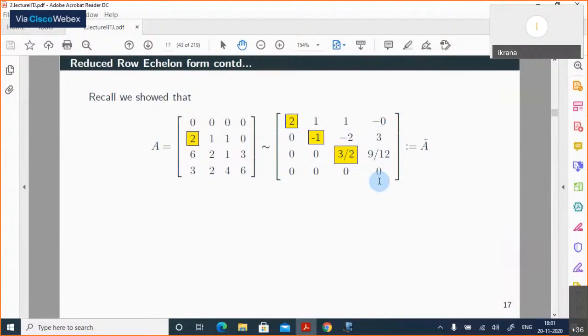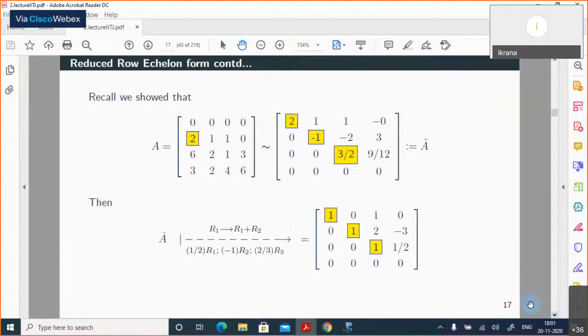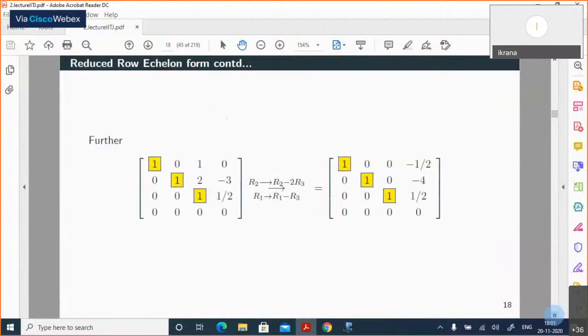And similarly the last one. Right. So this is what is called reduced row echelon form. So that is what it will look like for this matrix.